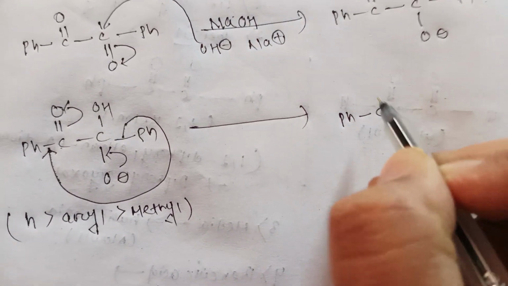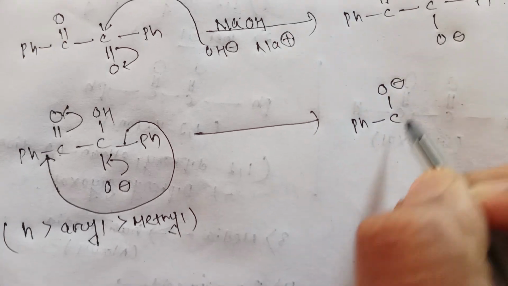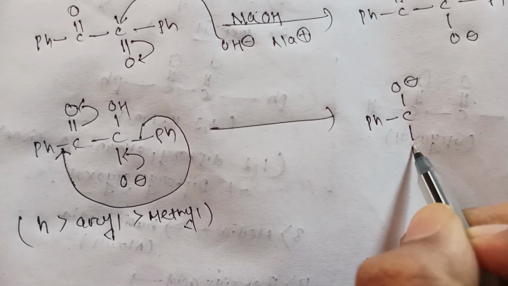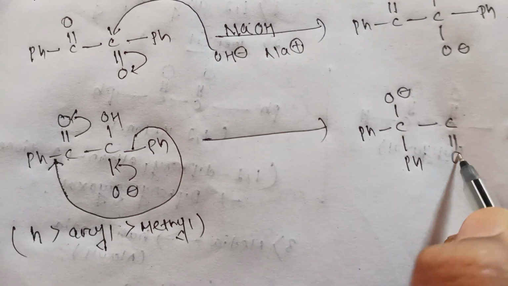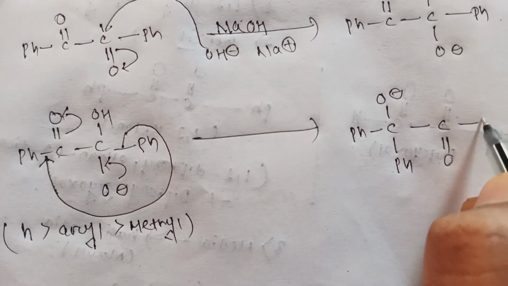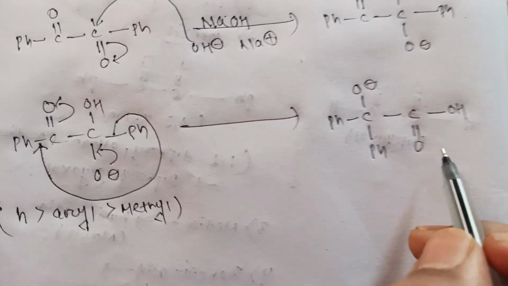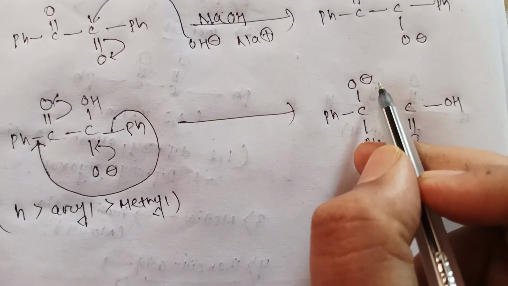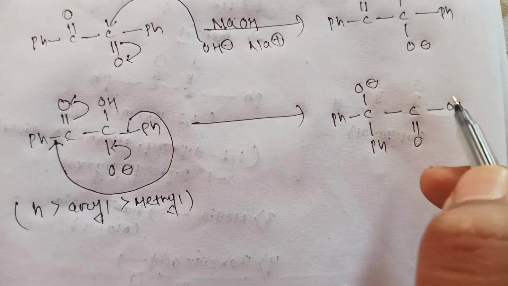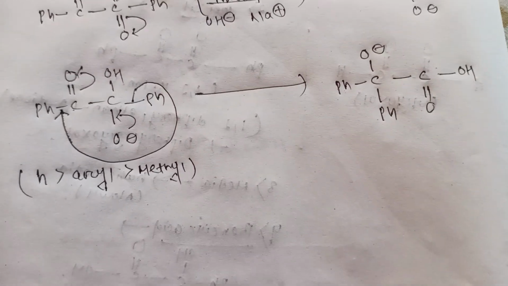The product formed is phenyl, C, O minus, with another phenyl and C double bond O, OH. You can see the acid has already formed. The only thing we have to do is attach one hydrogen. We have also taken water in the reaction.